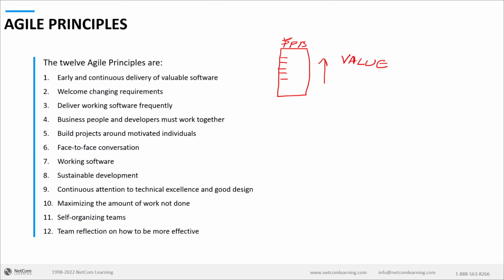What we try to do is deliver the features which are at the very top at the very earliest. That's going to be our target. That's why we say that we're trying to deliver value at the earliest possible.